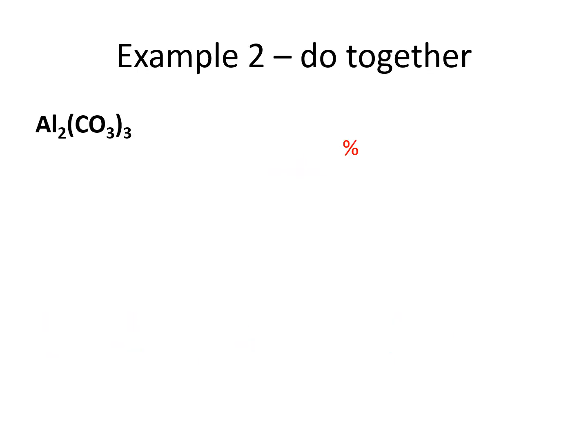Okay, so we're going to try another one. You guys are going to actually do this on paper. You can do it in your notes. Get scrap paper, but you need to do it. So write down Al2(CO3)3. Find the molar mass of that. List each element out separately, Al, C, and O, and then how many you have of each one.